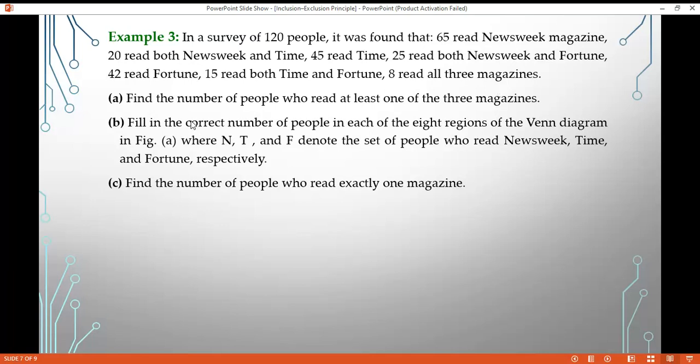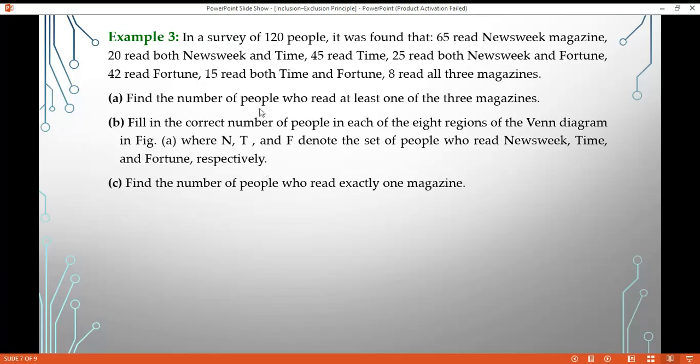First, find the number of people who read at least one of the three magazines. Second, fill in the correct number of people in each of the 8 regions of the Venn diagram in figure A, where N, T and F denote the pupils who read Newsweek, Time and Fortune. Next, find the number of people who read exactly one magazine.